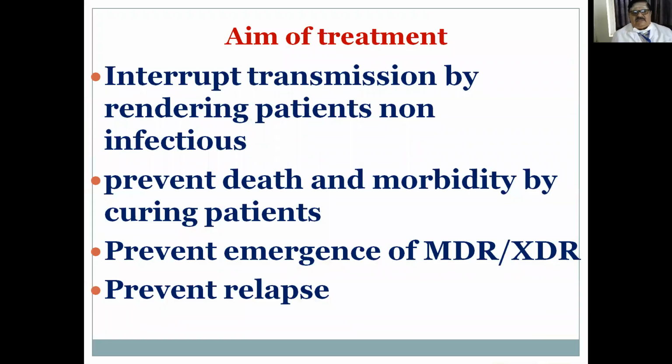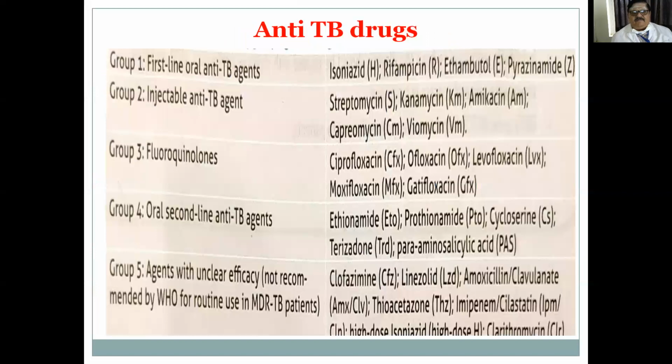The aim of treatment is first to interrupt transmission by rendering patients non-infectious. Second, to prevent death or morbidity by curing patients. And also to prevent emergence of drug-resistant strains like MDR and XDR, and prevent relapse. These are the aims of treatment.